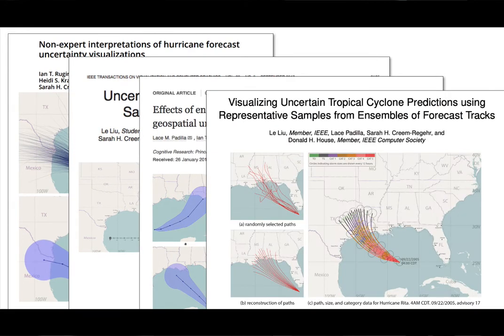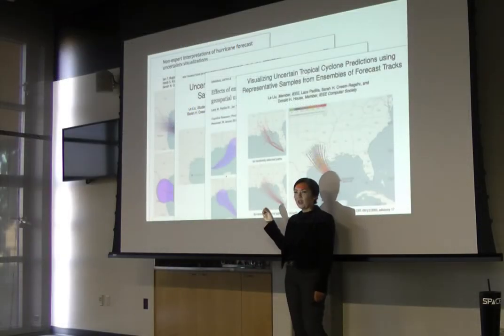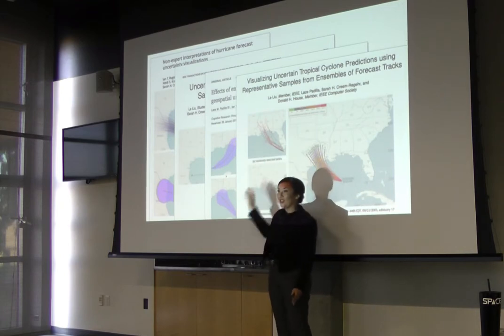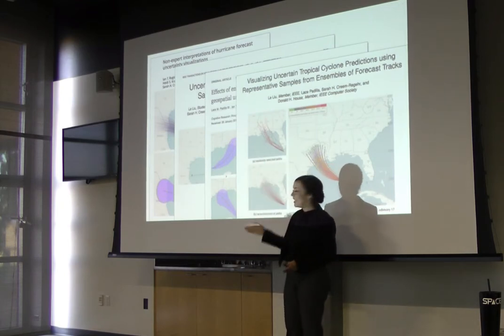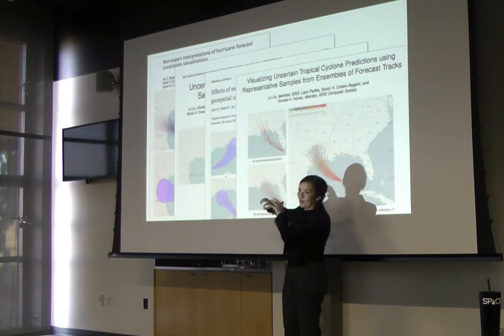This is probably my favorite paper from last year, where my collaborators came up with a new technique to make these paths. You might have heard in the news these hurricane path lines called spaghetti plots. They tend to be called that because sometimes, when they're poorly designed, they look like a mess of spaghetti.